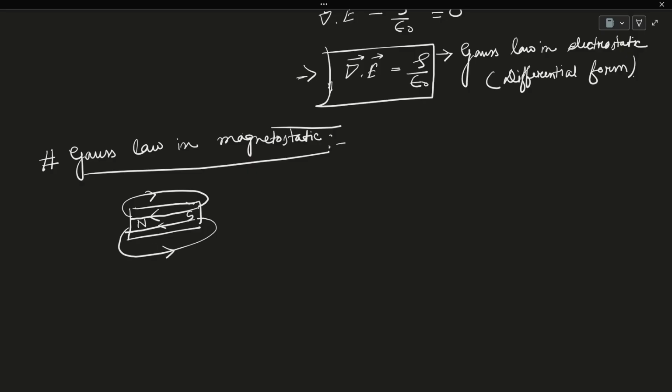So the number of field lines coming out of the north pole is equal to the number of field lines entering the south pole, right?